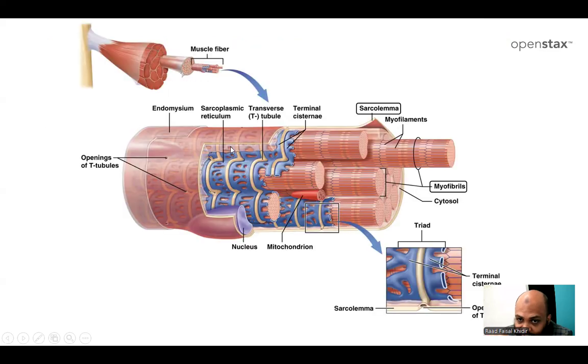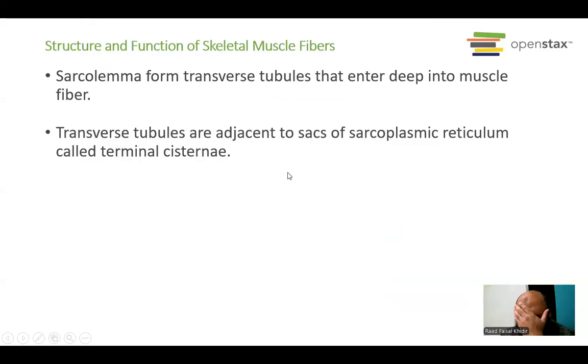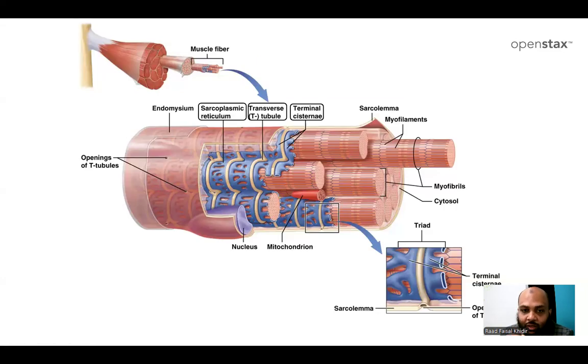The action potential is going to flow from these T tubules into the cisterns, and then out of the cisterns, the calcium is going to flow into the muscle. The transverse tubules are adjacent to sacs of sarcoplasmic reticulum called the terminal cisternae. Okay.